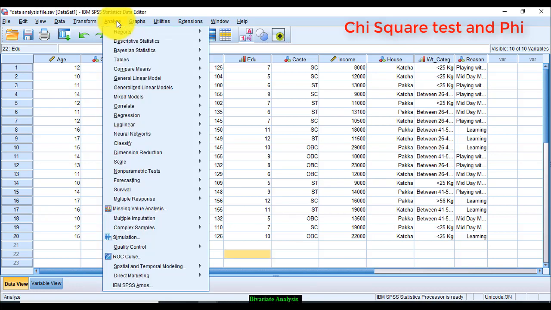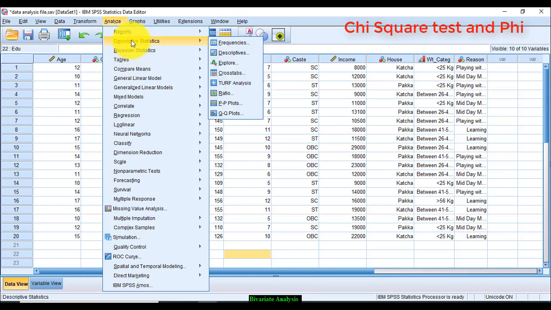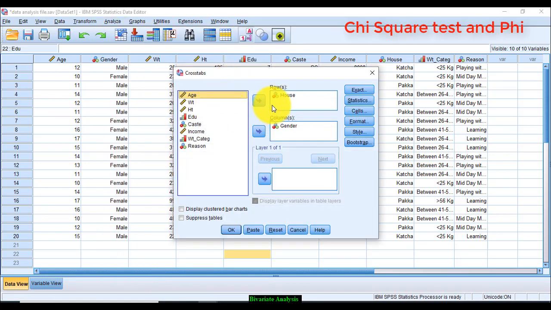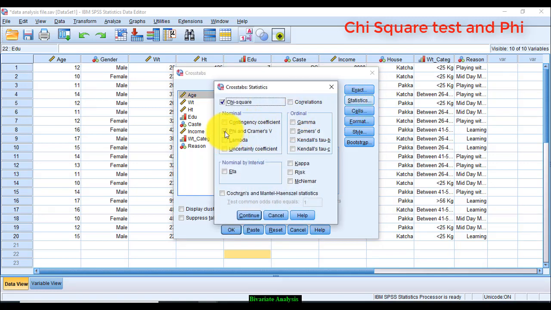To do this, analyze and go to descriptive statistics, crosstabs. Transfer the dependent variable, which is assumed to be in rows, and independent variable, gender, in column. Now click statistics, make sure that chi-square and phi and Cramer's V is checked.